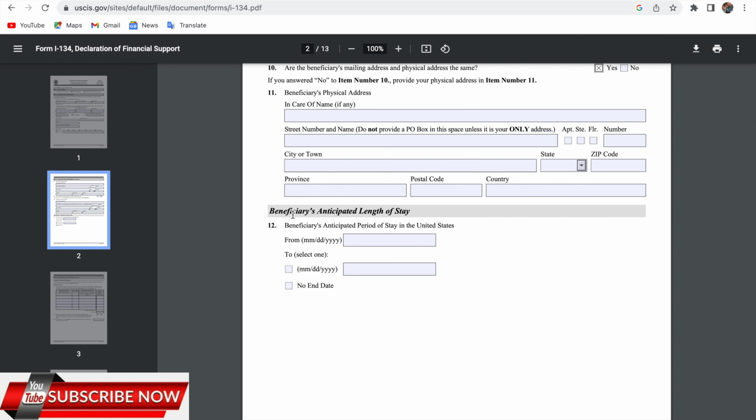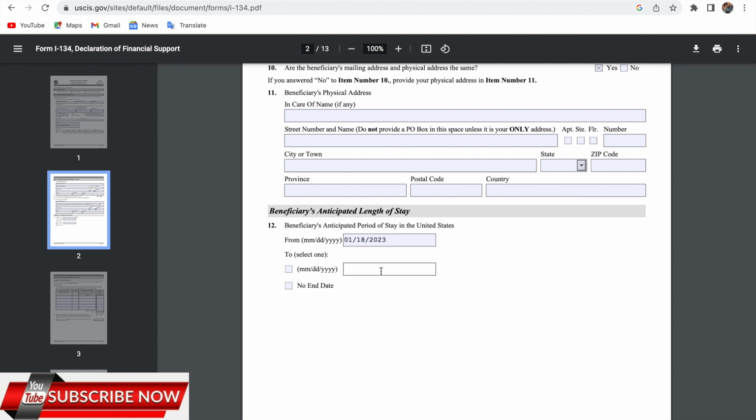And it says the beneficiary's anticipated length of stay. So how long the person wants to stay. So if the person will be staying for a month, 2 months, 2 weeks, 1 week, 3 months, 1 year, you put it over there. So from the month that the person will be staying, let's say the person will be staying from January 18th, 2023, and to which day the person will leave.